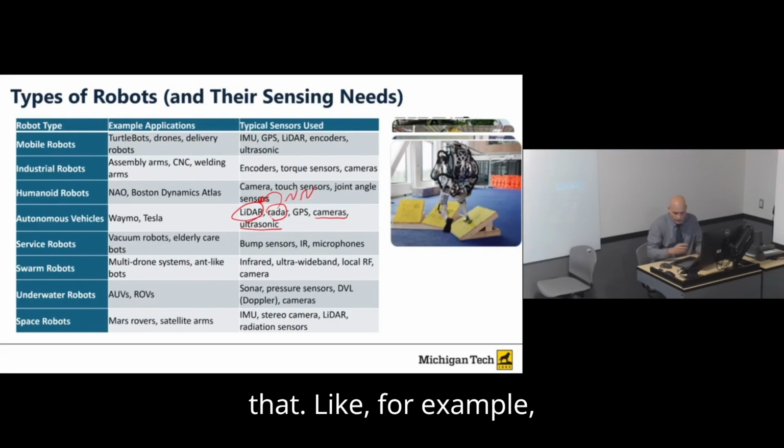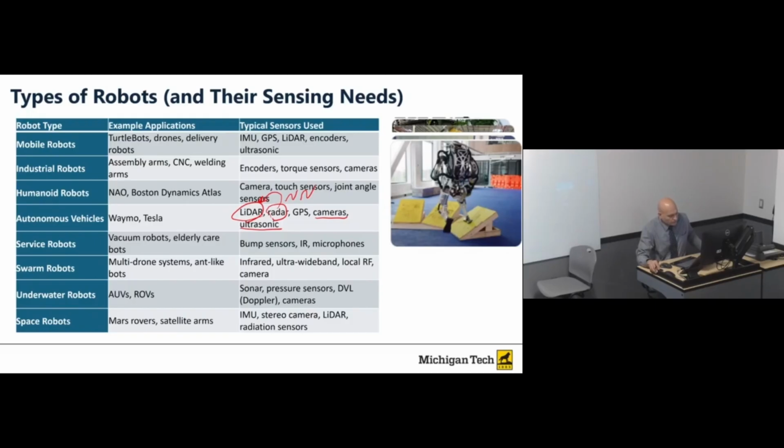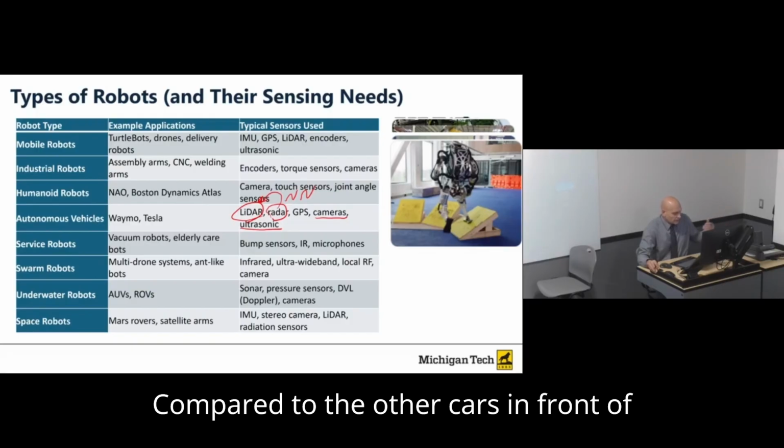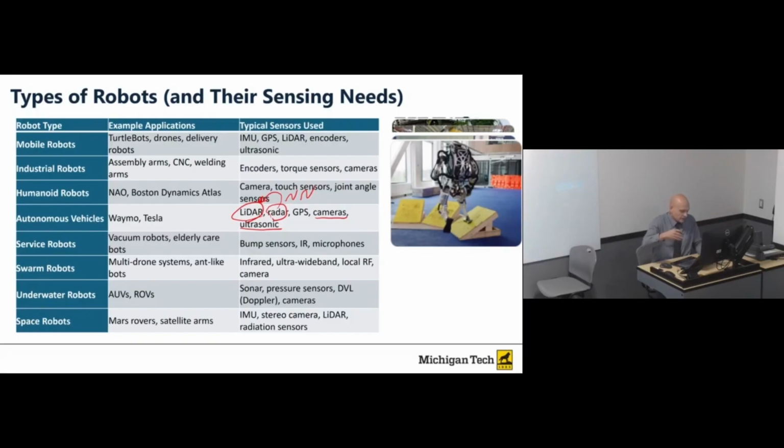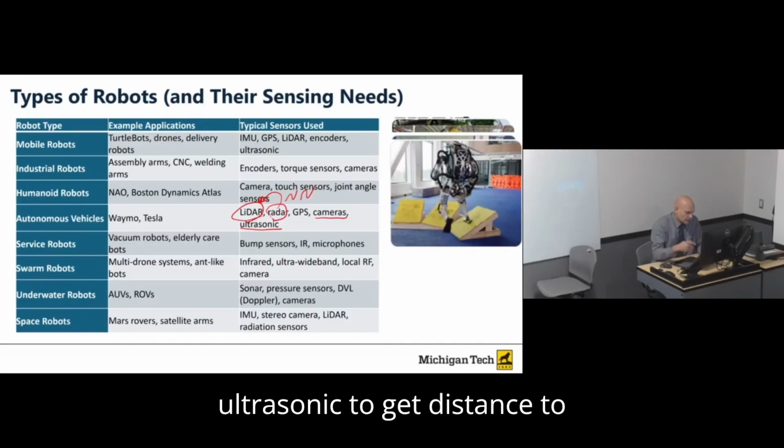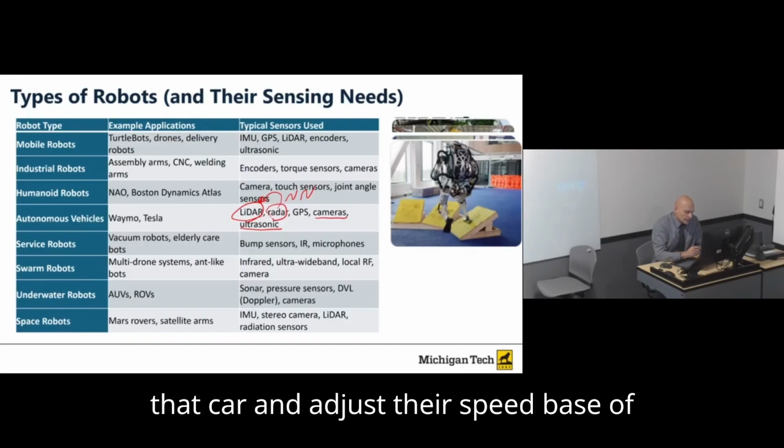For example, to adjust the speed compared to the other cars in front of them, they need to use ultrasonic to get the distance to that car and adjust their speed based on that.